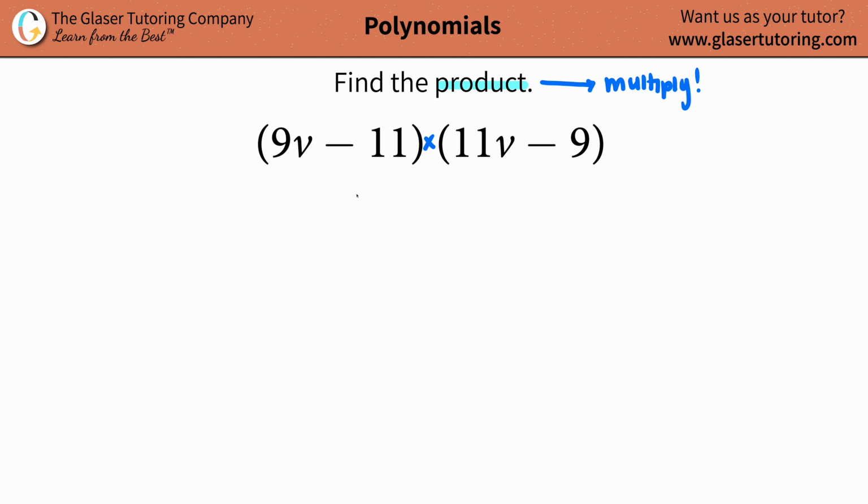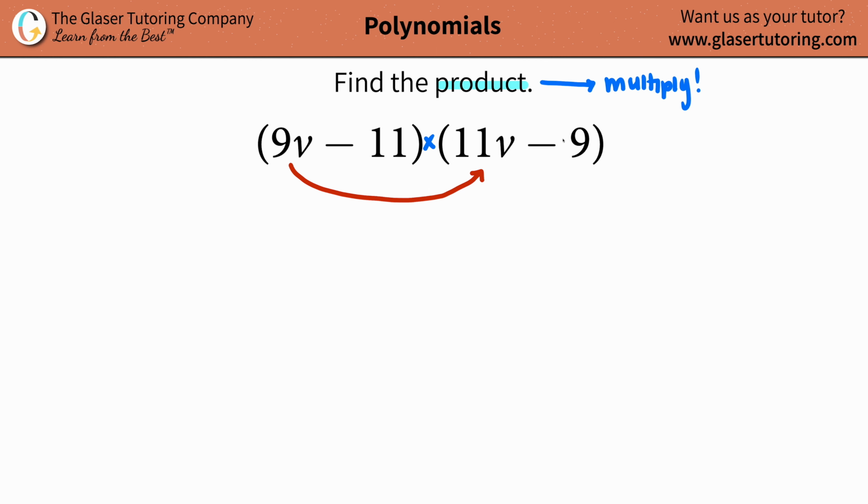Okay. Now we are multiplying across the pond, or across the parenthesis, into the other parenthesis. We can't multiply by the 11 because it literally says that 9v is being minused by the 11. So I must take my 9v and multiply it by the first term in the other parenthesis, the 11v. But now, this negative 9, and keep in mind that it is a negative, right?